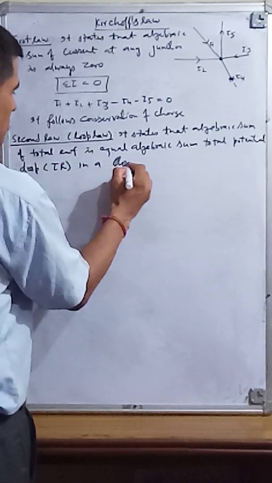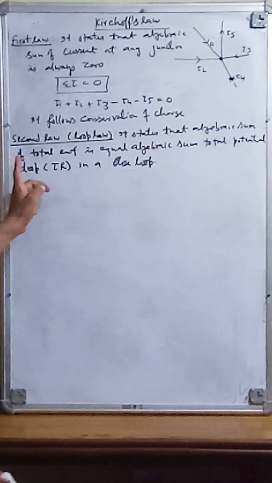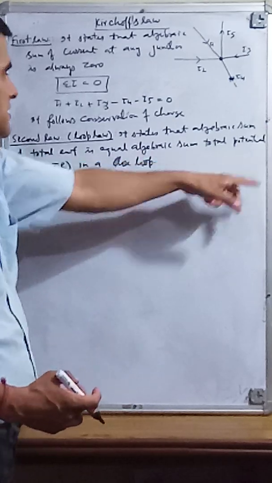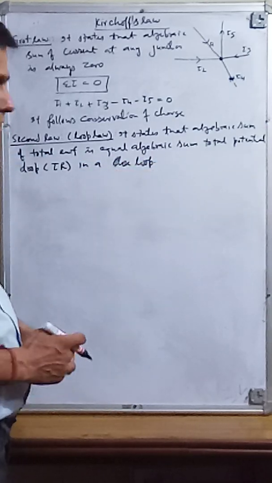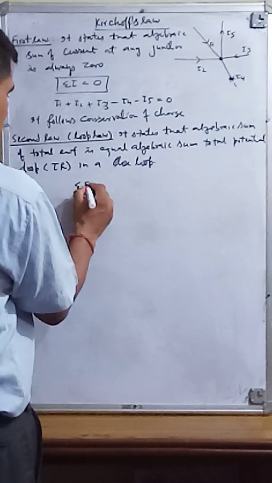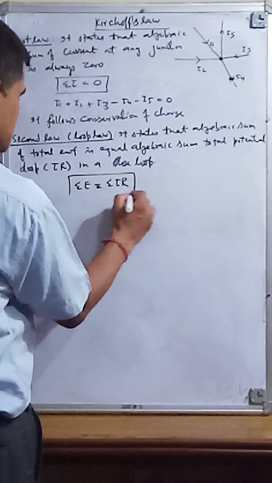In a closed loop, the algebraic sum of the EMF is equal to the algebraic sum of the total potential drop, that is, sigma E = sigma I R. This is the potential difference, right?